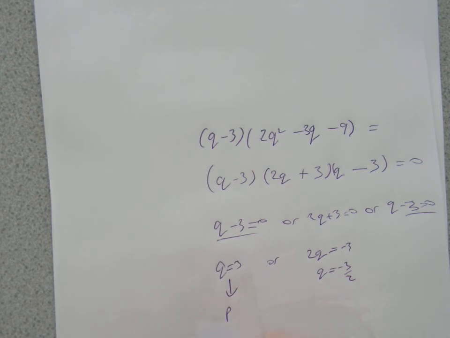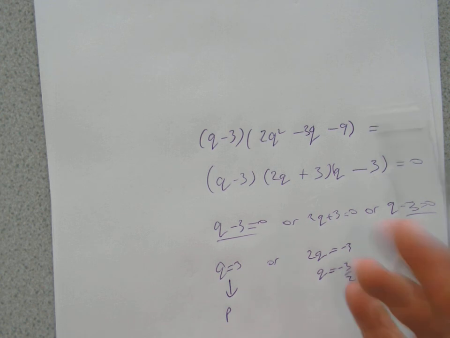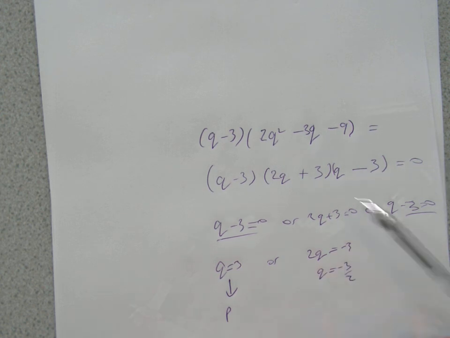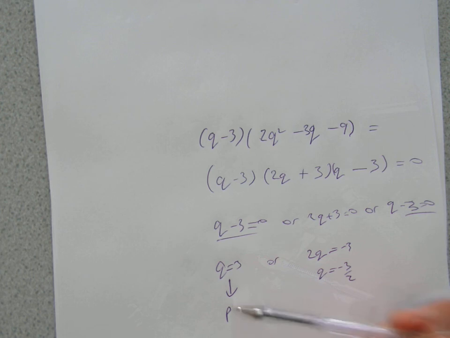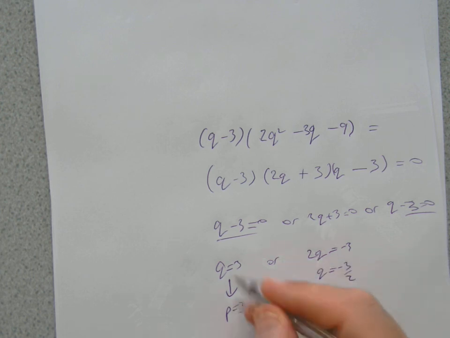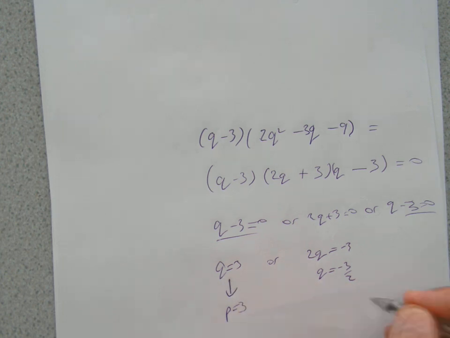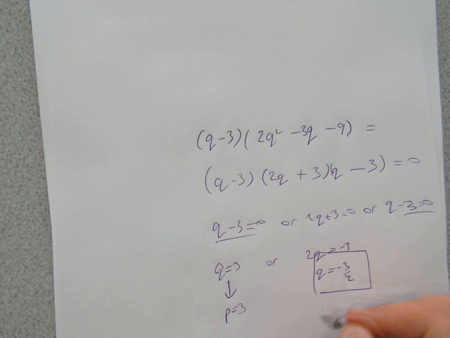It comes out as 3 because it relates to the tangent, where the equation is satisfied for that value of p, when p equals 3. So q equals 3 corresponds to p equals 3. So this is not really q; the result we want is the other one. So q equals minus 3 over 2 is what we get.